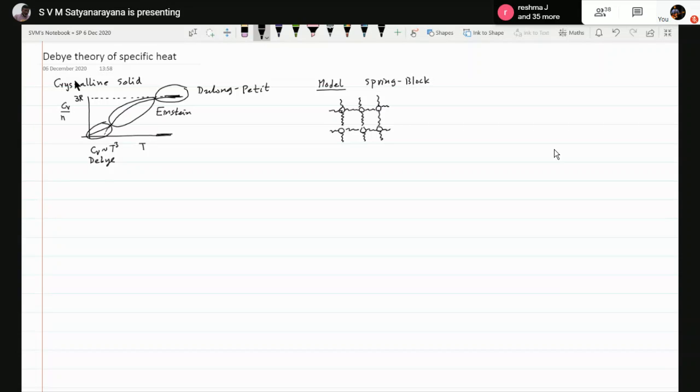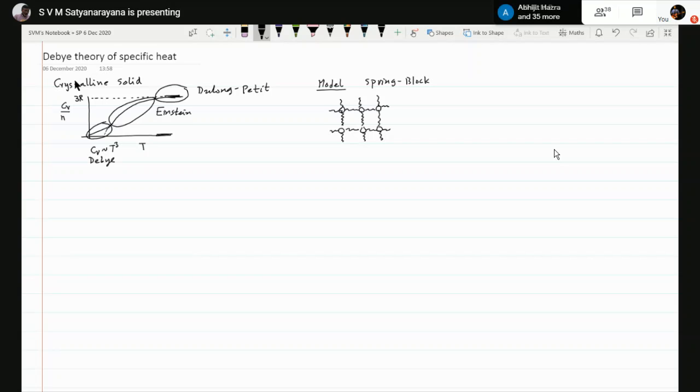So Boltzmann considered a set of classical harmonic oscillators in deriving Dulong-Petit's law, and Einstein considered that each of these oscillators can absorb or emit energy in discrete quanta, so their energy levels are discrete. Using these two things, we have seen in past lectures how Dulong-Petit and Einstein's theory could be derived.